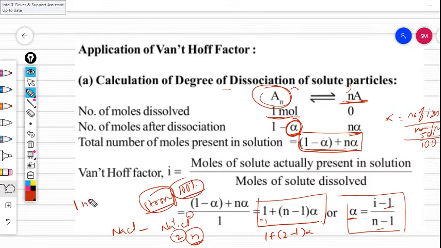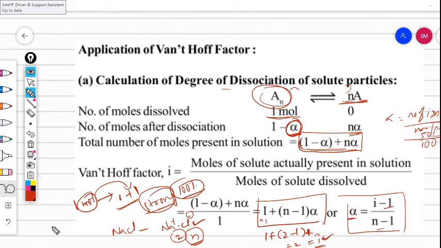One molecule will give two particles completely. Sodium chloride is a strong electrolyte, so alpha will be 1. So 1 plus 1 equals 2. So the i value for sodium chloride is 2. This is the way to calculate.